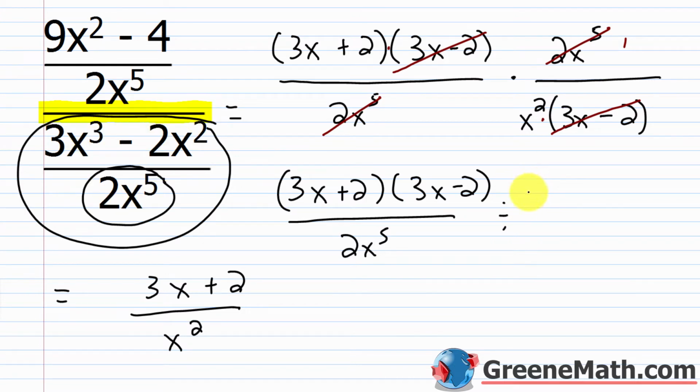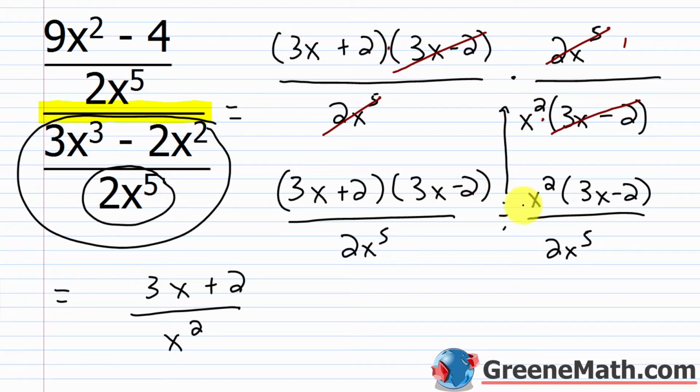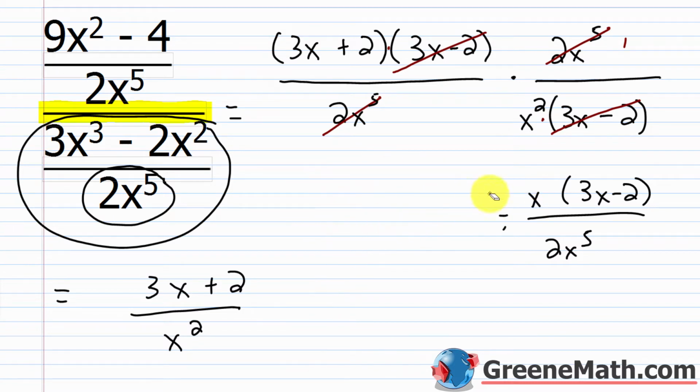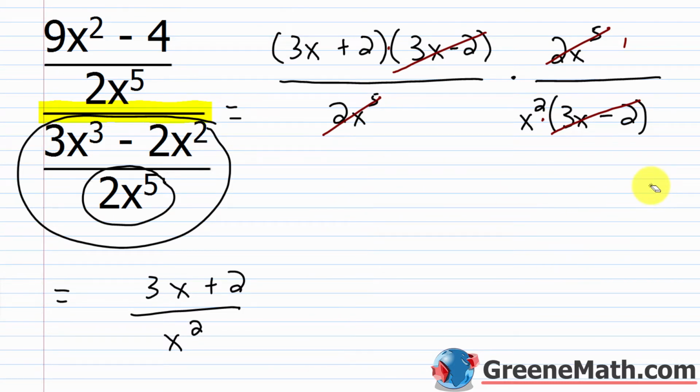So I would factor out the x squared and then have 3x minus 2 and then over 2x to the 5th power. When I set it up like this, it reminds me to multiply this guy right here by the reciprocal of this guy. I set it up in one step here, but again, it might take you two because you might be so used to doing that from pre-algebra, and that's fine.